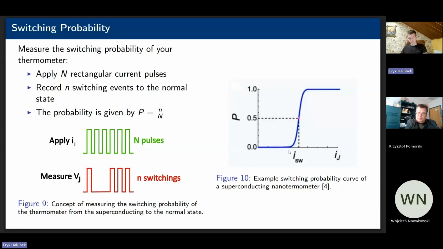And there's a slightly different approach to measuring fast changes of temperature. But now I wanted to just give you an idea of how this probability of switching is related to temperature.